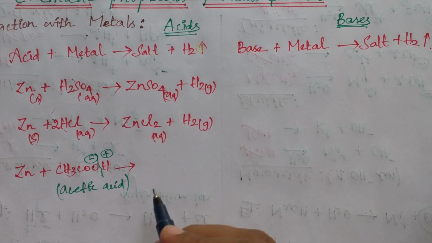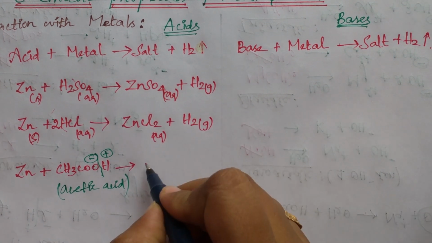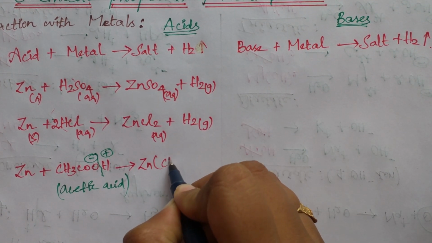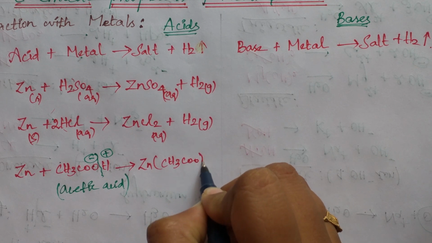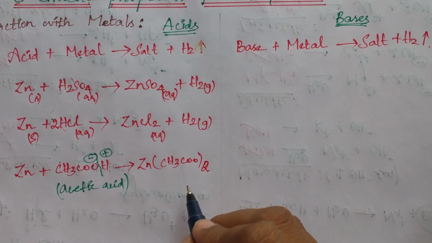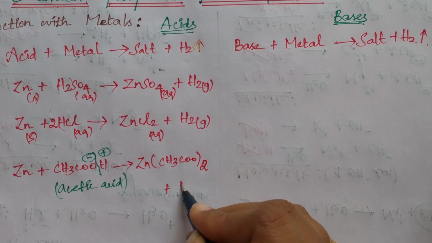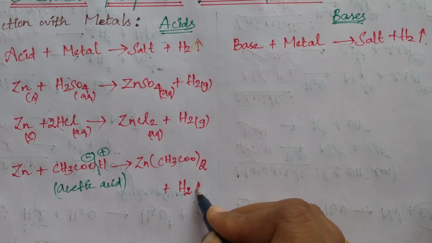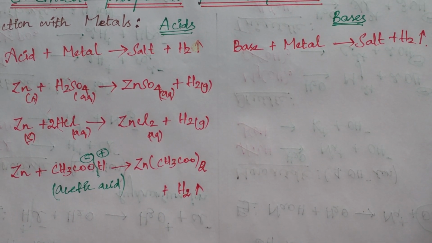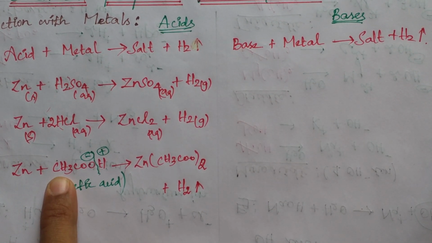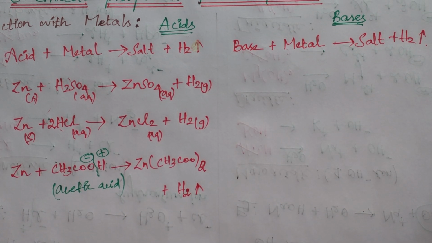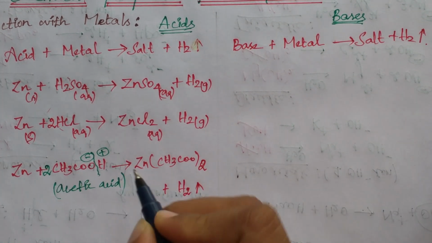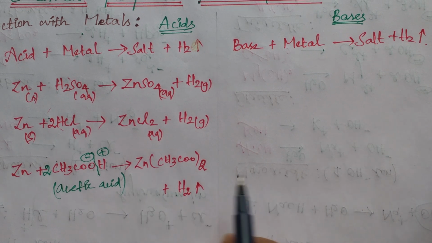Okay students? So what is the product? Zn(CH3COO)2, twice, because the valency of zinc is 2, and H2 hydrogen gas. So here 2 hydrogen means here also we have to take 2. So you have to balance the equation. So it is zinc acetate.